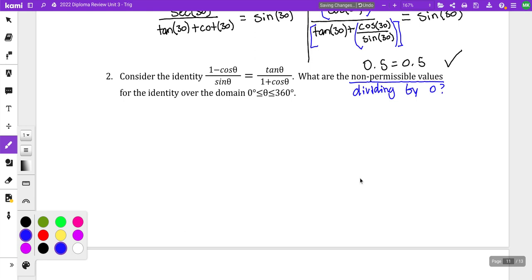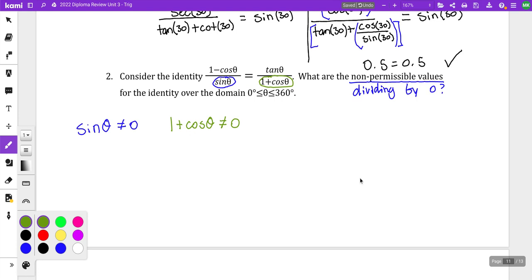Different places that we need to look. Right here, sine theta can't equal 0. Second spot, 1 plus cos theta cannot equal 0. We've got to solve both of those.